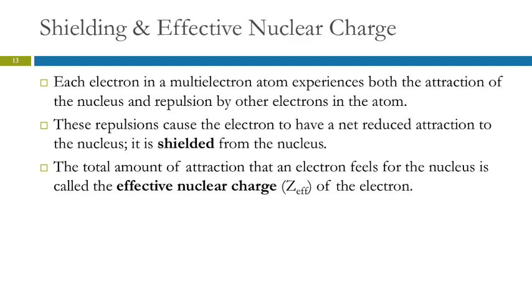So what happens is that the presence of other electrons reduces the attraction that any one electron has for the nucleus. We say that the other electrons shield the nucleus. And so the total amount of attraction that the electron feels is less. It's called the effective nuclear charge, or capital Z eff, for effective.